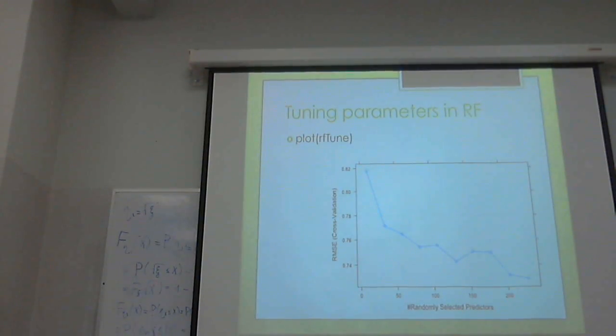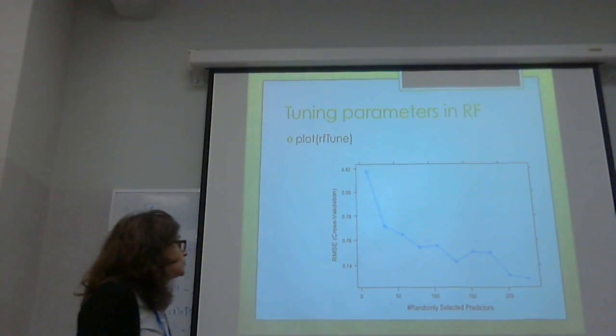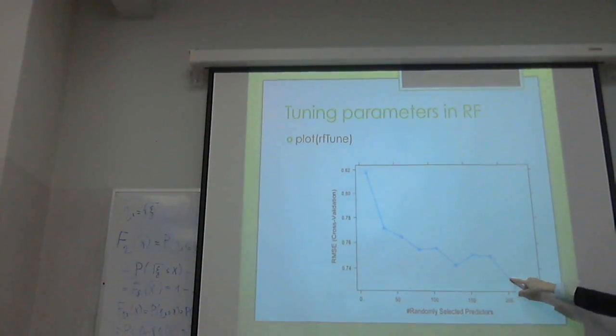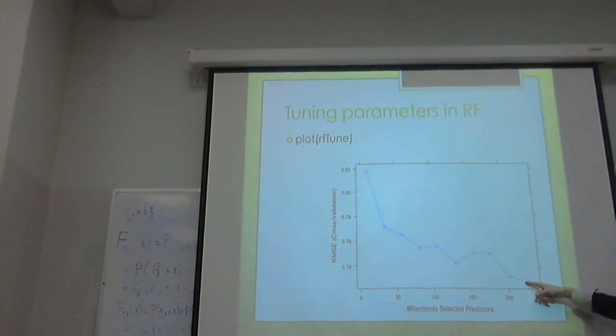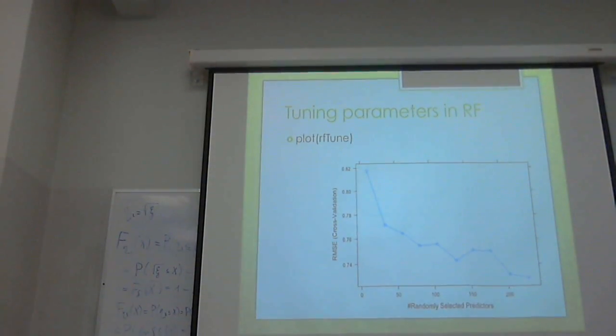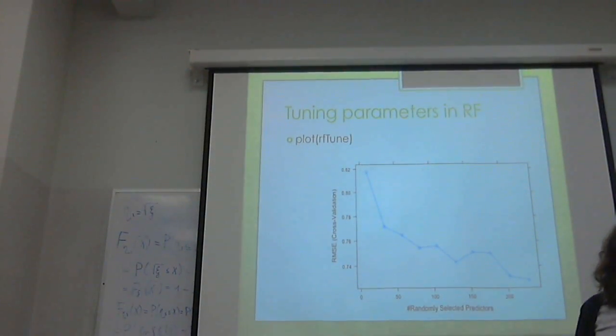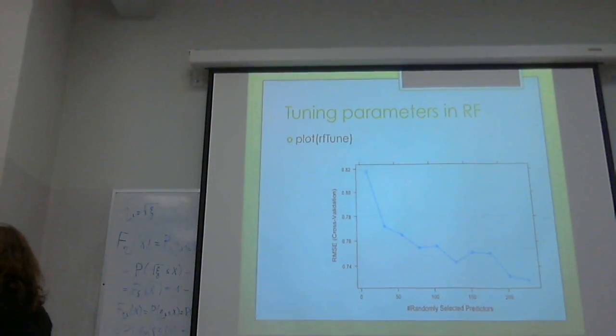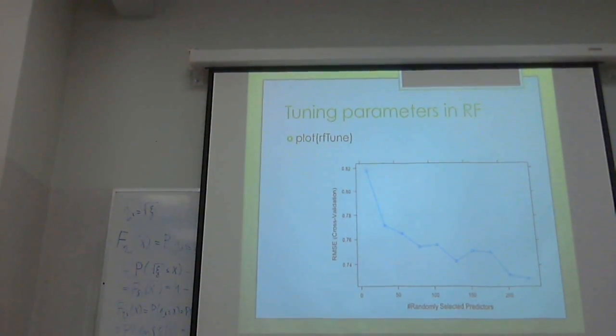Then yes, this is what you see if you plot your model. In my case, somehow the RMSE always goes down till the end. You will have different plots, but it also depends on how many trees you run, that's for sure.